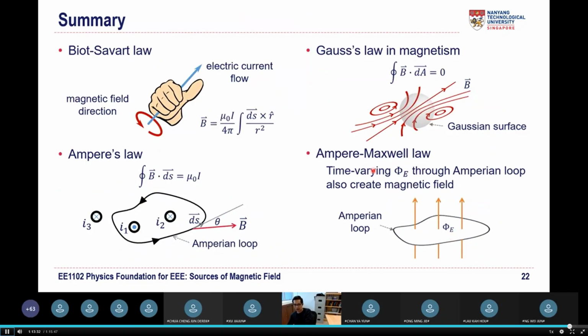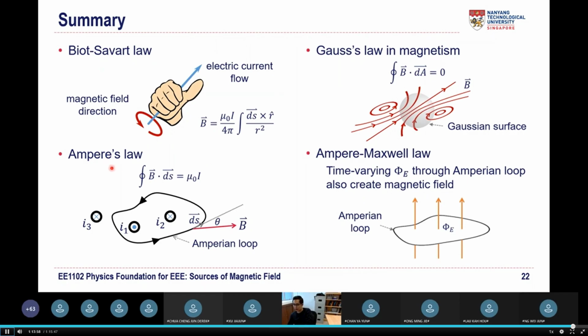So I'm going to give a quick summary of what we have done in the second part of this lecture. The flow of electric current will create a magnetic field that curls around the direction of the current flow.